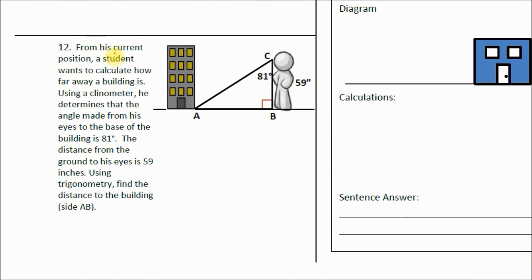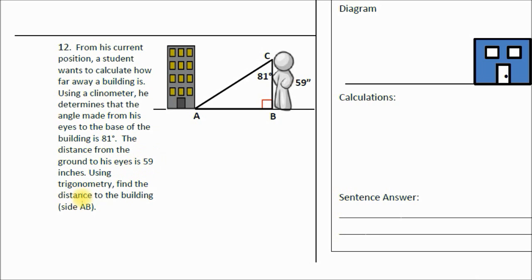Number 12, from his current position, the student wants to calculate how far away a building is. Using a clinometer, he determines that the angle made from his eyes to the base of the building is 81 degrees. So he's looking down, and he is making a measurement of 81 degrees, looking with his clinometer to the bottom of the building. The distance from the ground to his eyes is 59 inches.